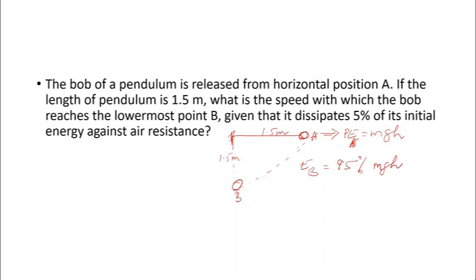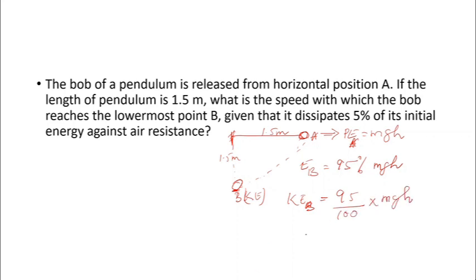The energy possessed at this lowermost point is completely kinetic energy. So the kinetic energy at B is equal to 95 by 100 of mgh.